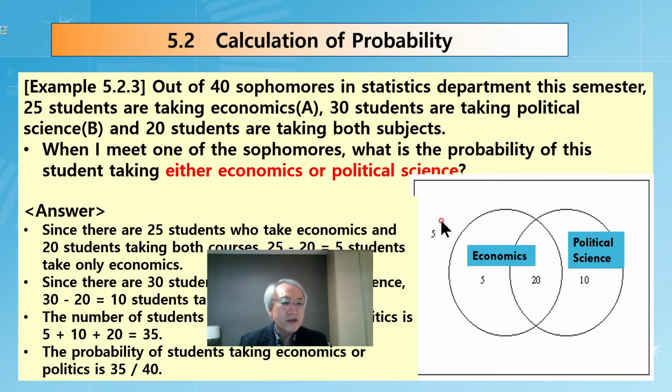Therefore, 5 students are not taking any course. What is the probability of either economics or political science? Well, it implies this area. There are 35 students, either-or implies taking one or both. That's the interpretation.